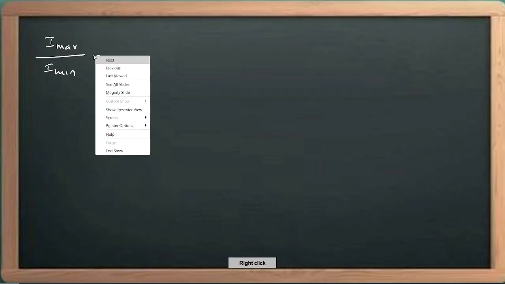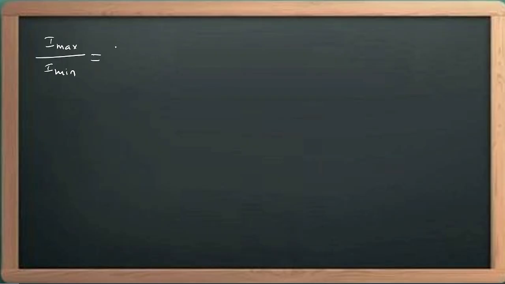I maximum divided by I minimum is A plus B whole square divided by A minus B whole square. This can also be written as root I1 plus root I2 whole square.